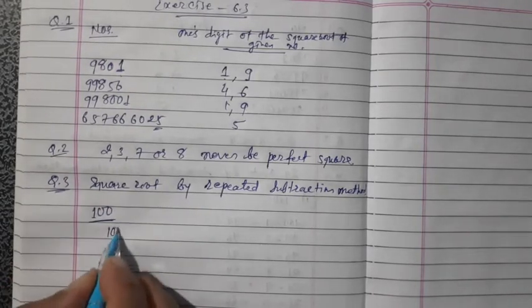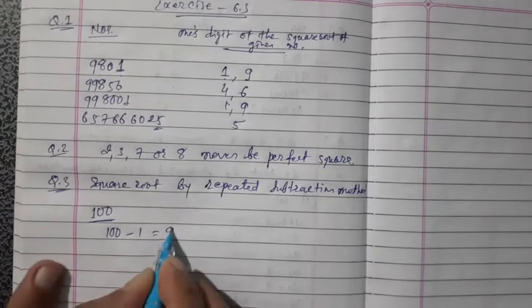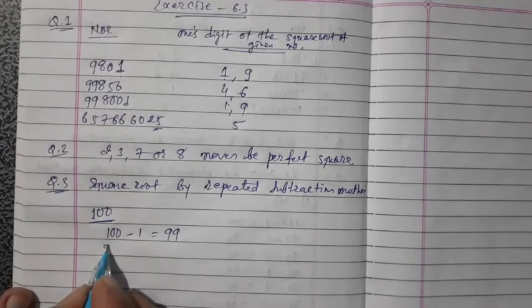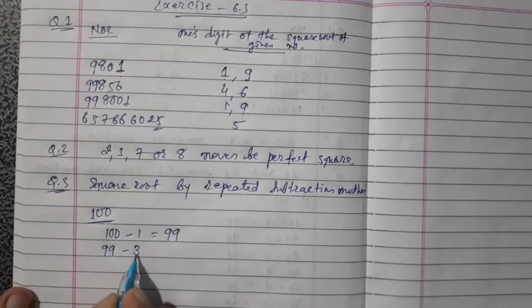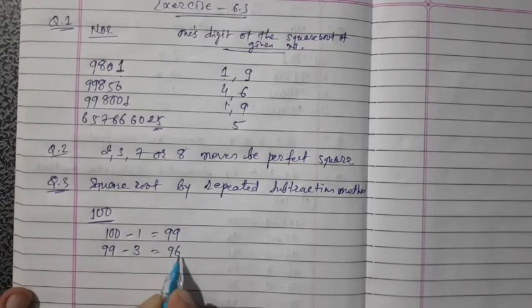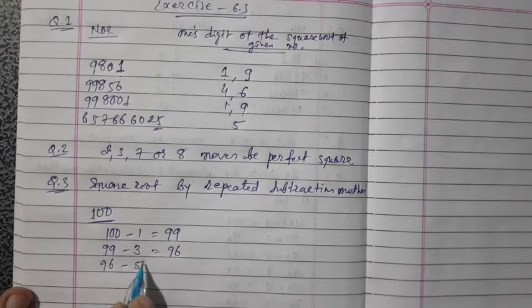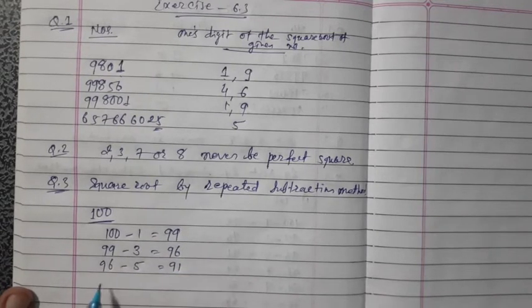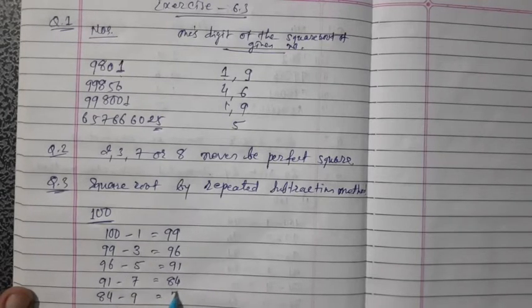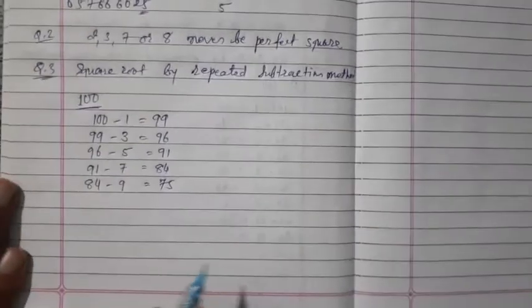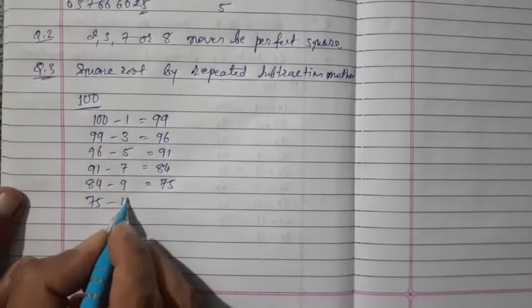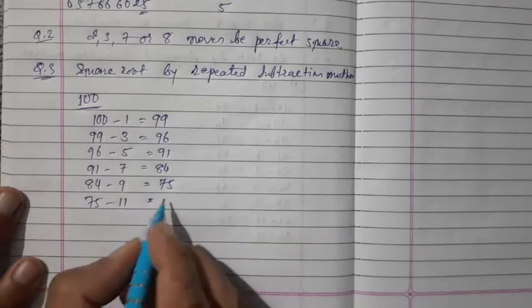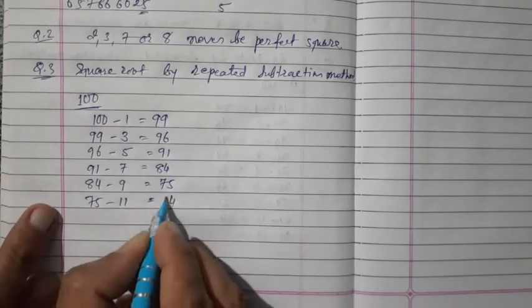First 100 minus 1 equals 99. Then 99 minus 3, the next odd number, equals 96. Then 96 minus 5 is 91. Then 91 minus 7 equals 84. Then 84 minus 9 equals 75. Then 75 minus 11 equals 64.